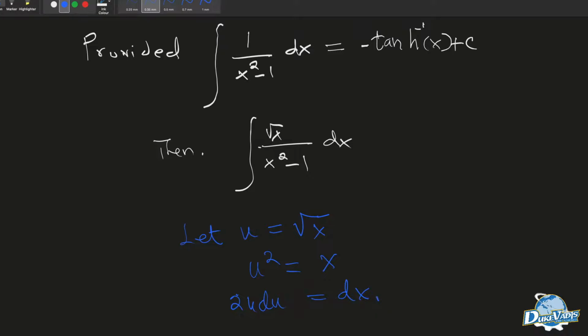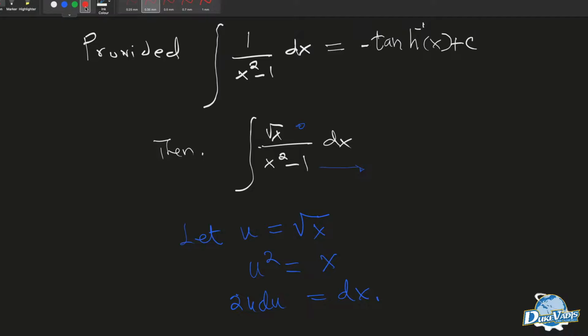So what did we do? We substituted u to be equal to the square root of x. Now, looking at the denominator x squared minus 1, since u is the square root of x, we can write x as u squared.